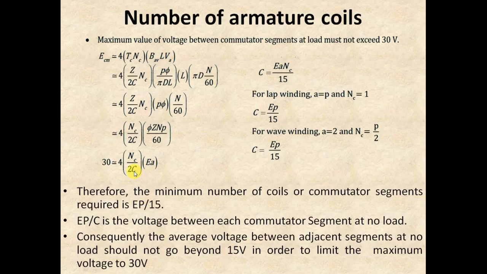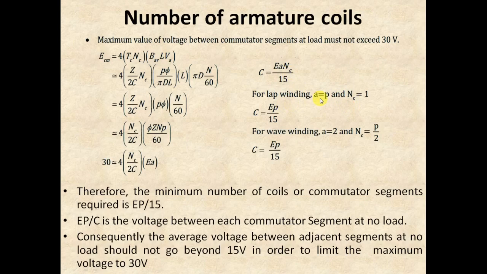From this we can obtain the relation for C, which is the total number of coils which are present in the armature winding, as C is equal to Ea small a Nc divided by 15, whereas Nc is indicating the total number of coils which are present between the adjacent commutator segments. The standard relation for Nc is P by A.